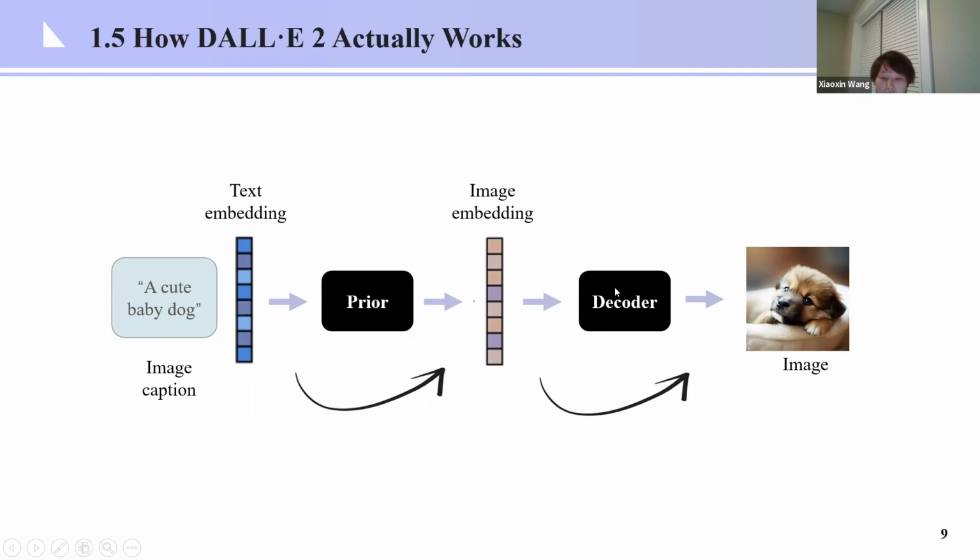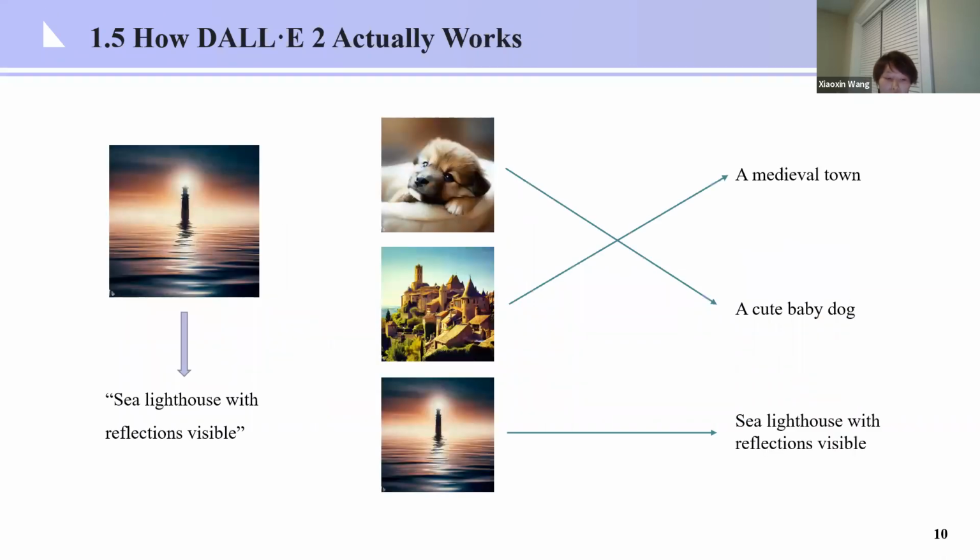The text and image representations used in DALL-E 2 come from another technology, again developed by OpenAI, called CLIP. So to understand how CLIP is used in DALL-E 2, let's take a close look first at what CLIP is.